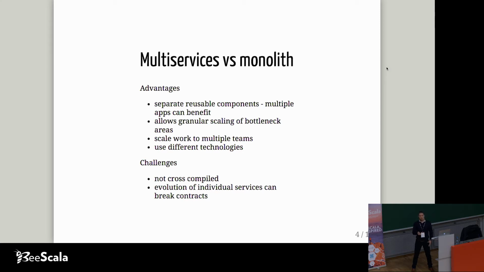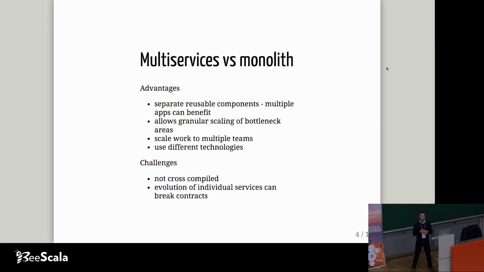You can scale when you have bottlenecks in a particular area of the system. So, let's say you have 3 services and one of them really needs more processing power or more memory.